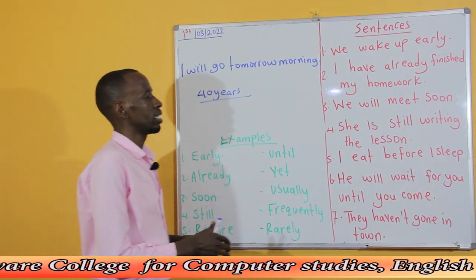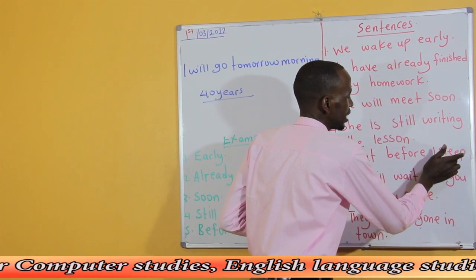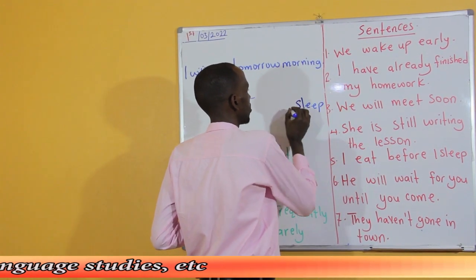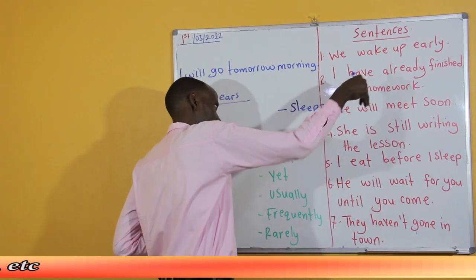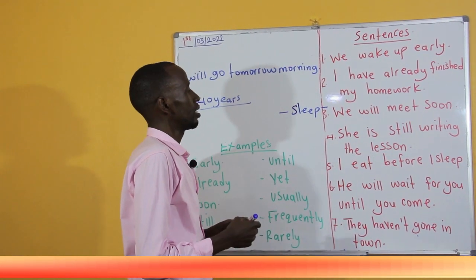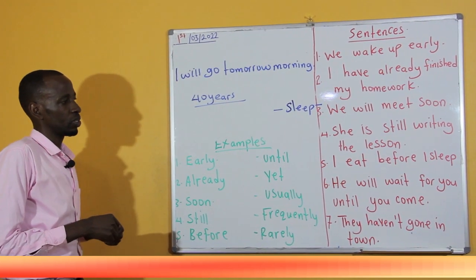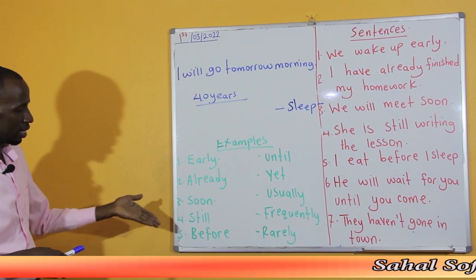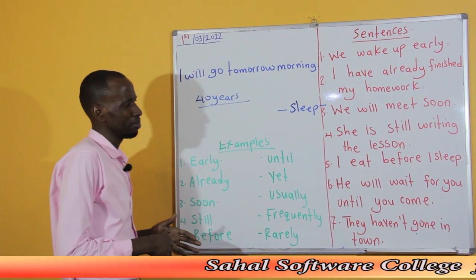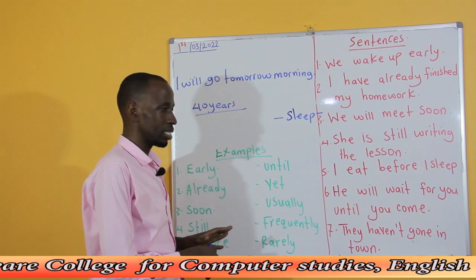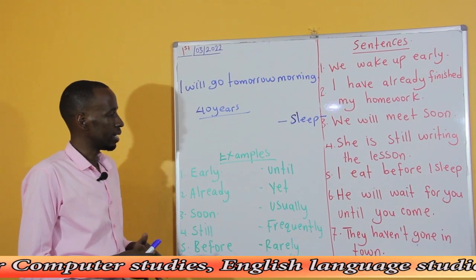It means it is not yet. Like if this is sleep, it's not after. It is before the time. So that is before. It's not very hard. That's why I'm not putting a lot of time. I don't want to put more time on before because it is not very hard.